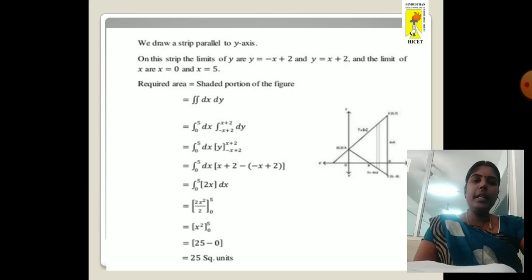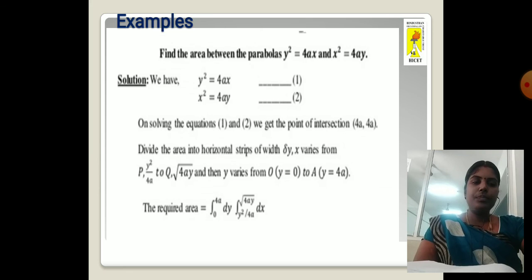So, the double integral of dx dy equals integral 0 to 5 dx, integral from -x + 2 to x + 2 dy, which equals integral 0 to 5 dx times y, over the interval -x + 2 to x + 2. Applying the limits and integrating with respect to x and y, the final result is 25 square units.